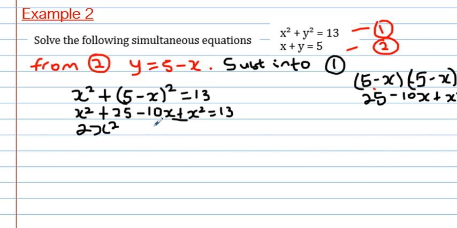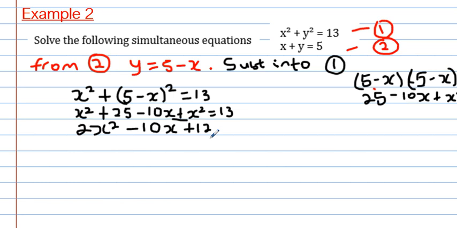And then you have your 10x in the middle here. So I have minus 10x plus 12, because I want to write it in the form of a quadratic equation. I'll just go over how I got 12 again. It's 25, take away 13.